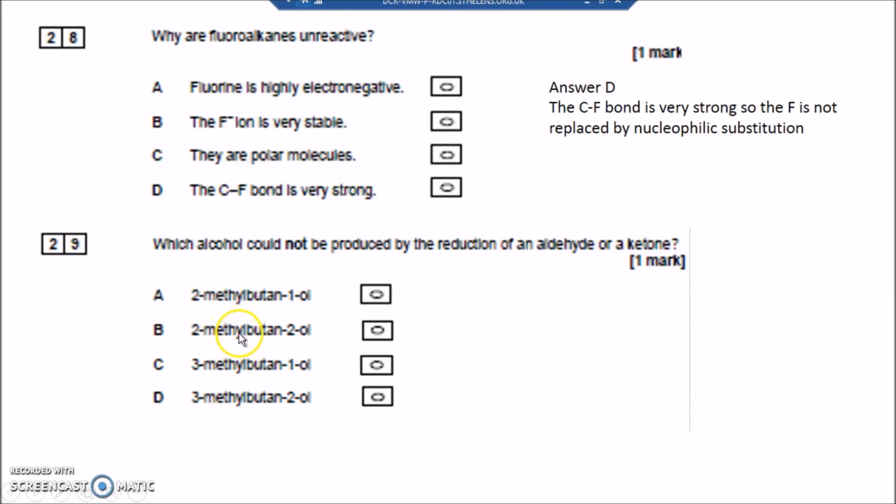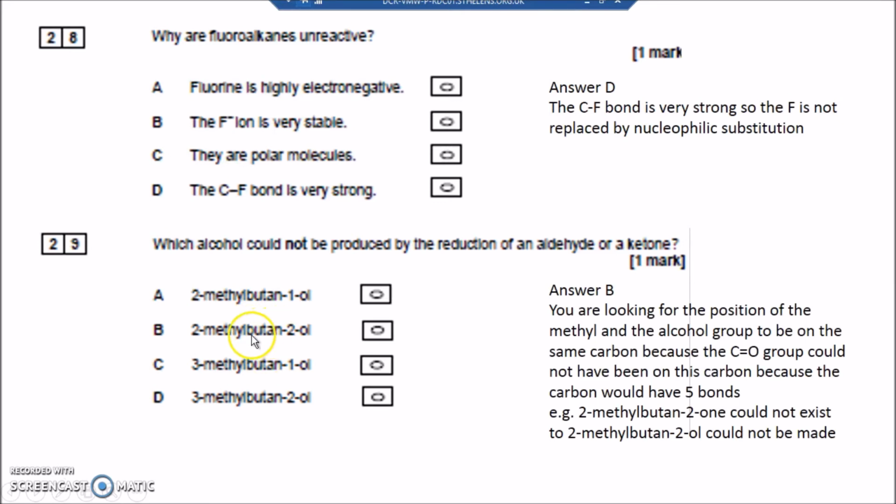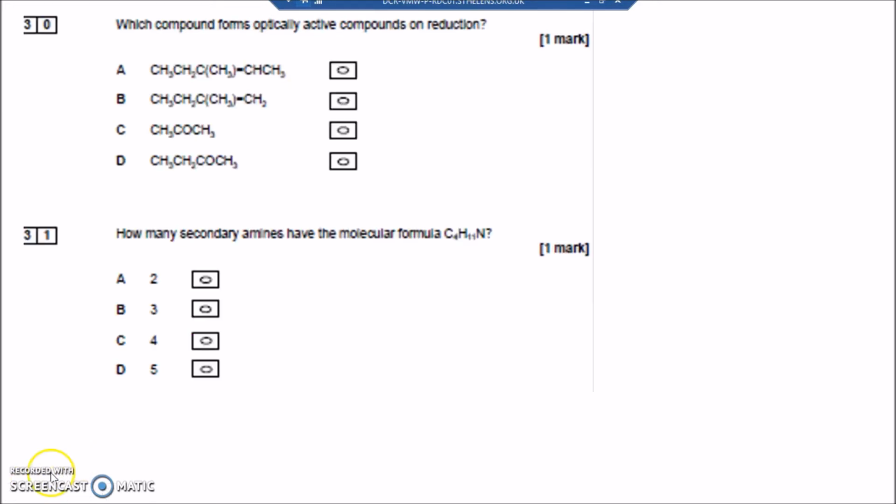Because that carbon number 2 would have to have a carbon to oxygen double bond before it was reduced to become an OH, and it would have 3 other carbons around it. It'd have 5 bonds. It's not possible. So you're looking at this is a tertiary alcohol, couldn't be oxidized to form an aldehyde or a ketone, and vice versa, the aldehyde or a ketone couldn't be reduced to make a tertiary alcohol in the other direction.